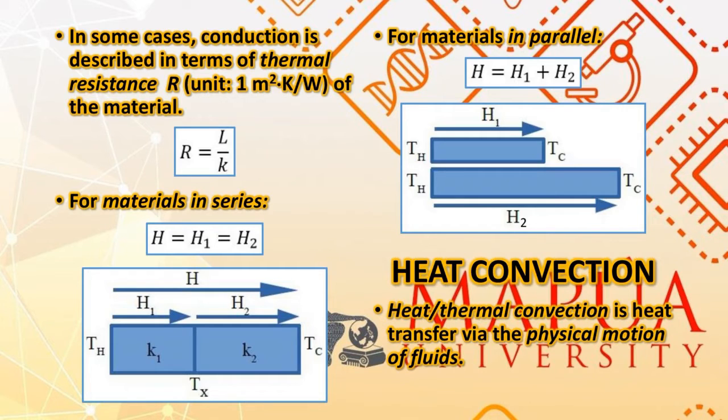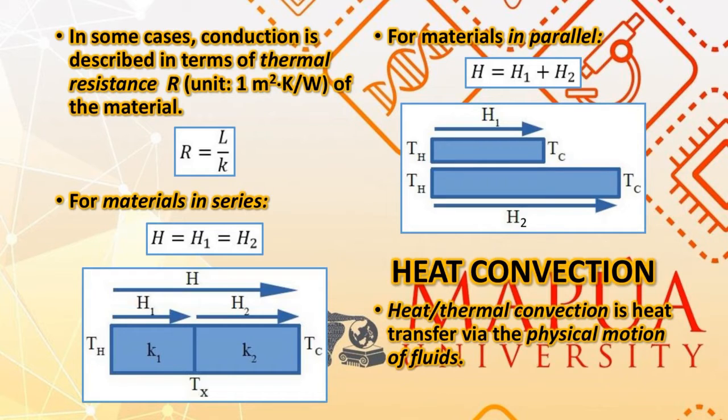We can affect or adjust the heat transfer rate through the material or through the object by layering different materials together, by combining different materials. And there are two ways by which we can layer materials together.